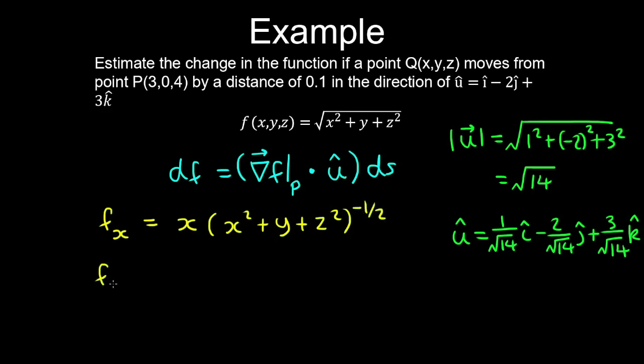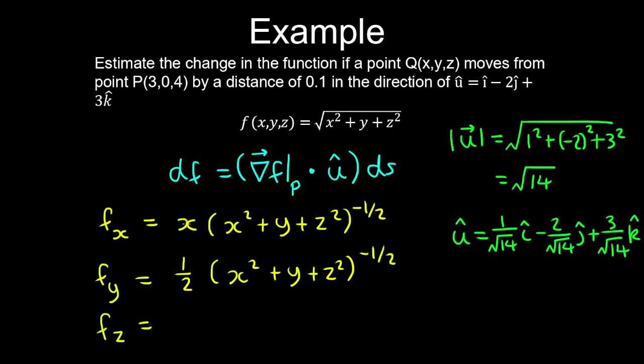And similarly, the partial with respect to y is 1/2 by 1 by x squared plus y plus z squared to the minus 1/2. And the partial with respect to z is similar to that of x. So we get 2z by 1/2 by x squared plus y plus z squared to the minus 1/2.